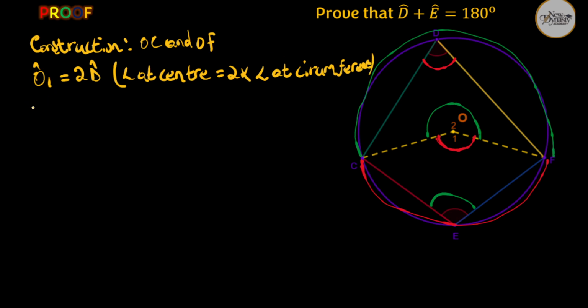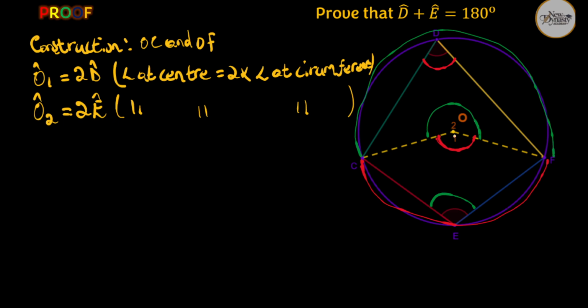So that is the reason. And we have identified also that angle O2 equals twice angle E for the same reason, which I'm not going to write, but it is the same reason. That is what we have there.